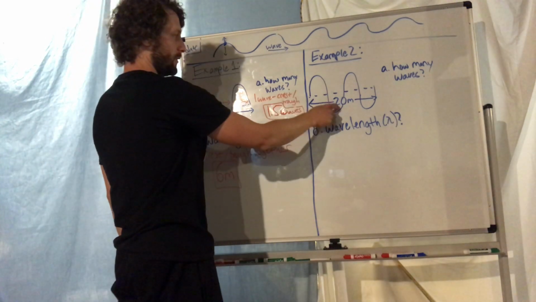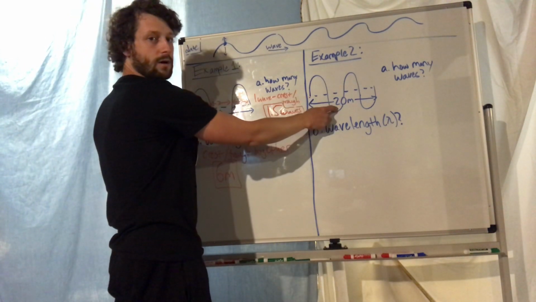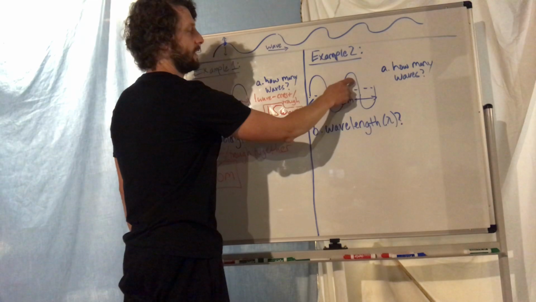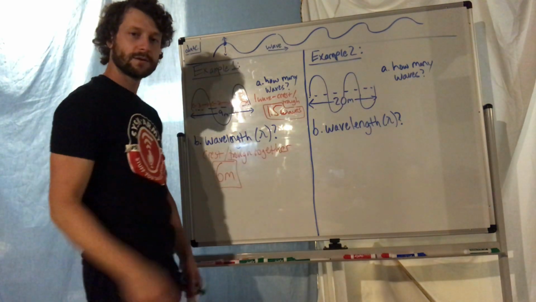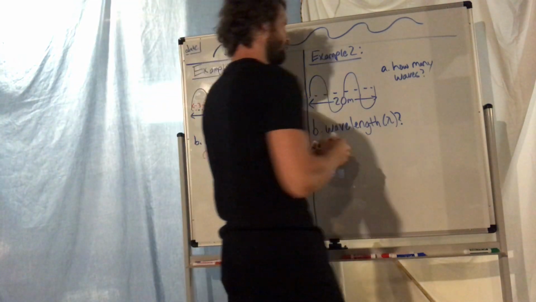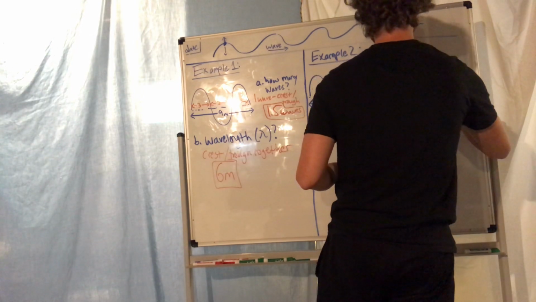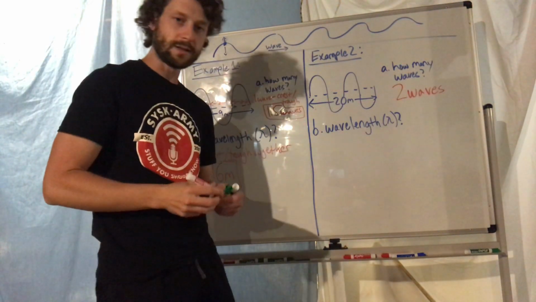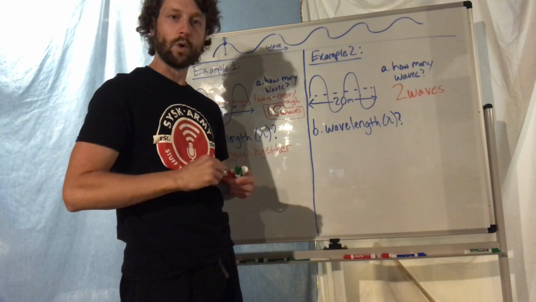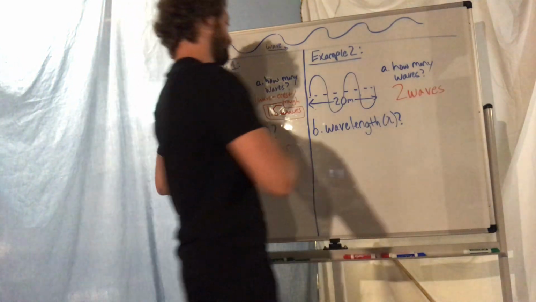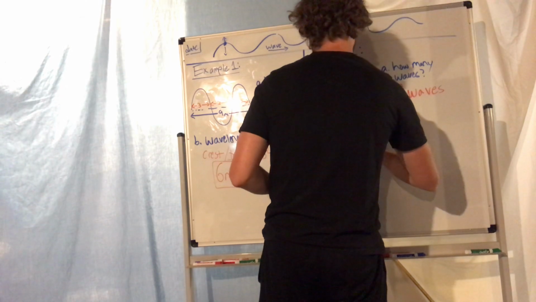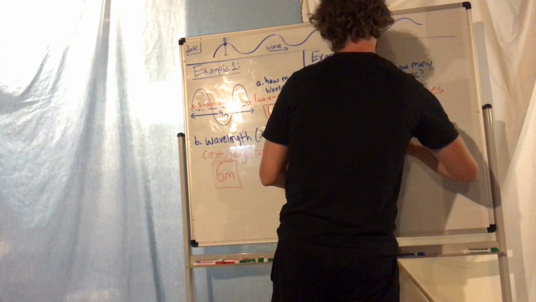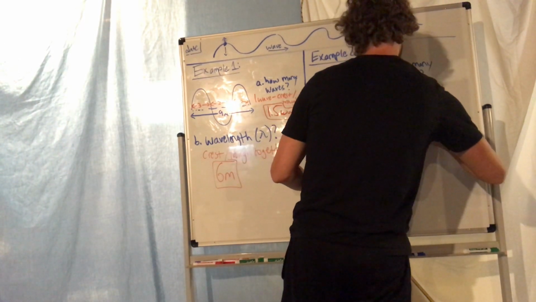So those 2 together are 1 wave, and those 2 together are 1 wave. So all combined, we have 2 waves. Now what is the wavelength? It's the length of 1 wave. Length of a, remember, crest and trough together.